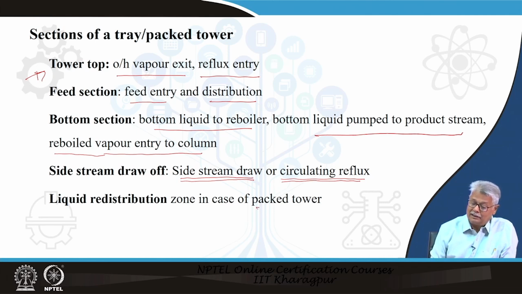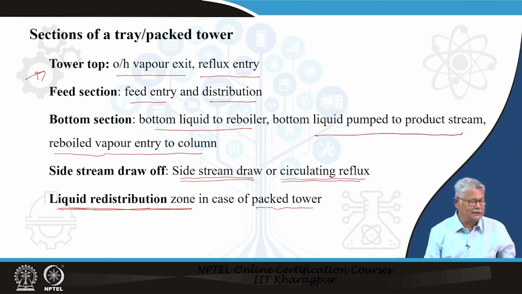In case of packing, we already have said that liquid distribution is absolutely important. So, if you have a pack tower which is fairly tall, to avoid any sort of channeling, you have to distribute the liquid. Wherever you have a liquid distribution zone, what exactly is the physical arrangement, we will have a look.